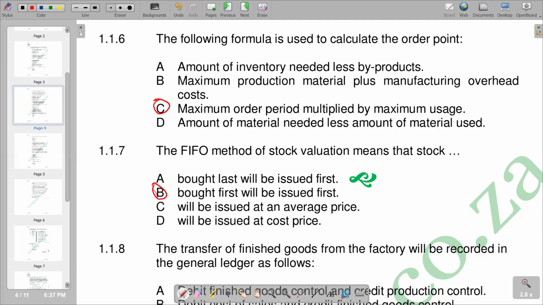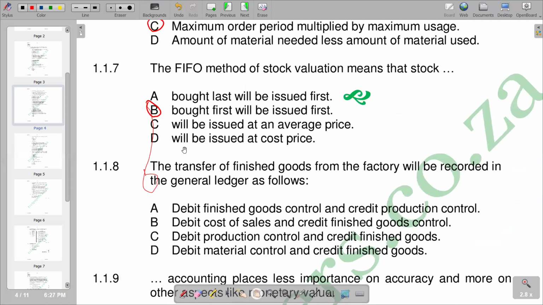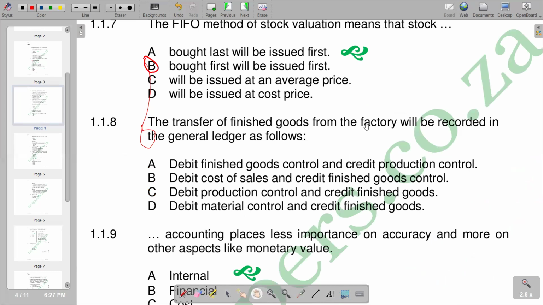Then we go to the next one, which is 1.1.8. The transfer of finished goods from the factory will be recorded in the general ledger as follows. Obviously, they are going to the finished goods.